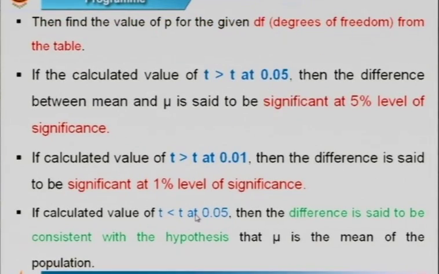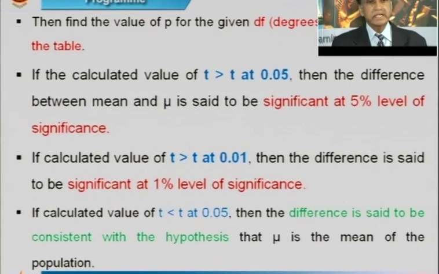Now, using this equation, we decide two levels of significance: as I told you, the 5% level of significance and the 1% level of significance. Here we find the value of the probability in terms of the degrees of freedom, and we compare with the tabulated values of the t distribution. We have important conclusions like this.